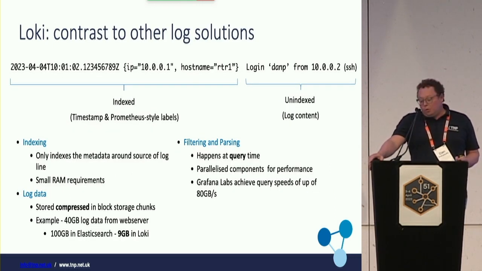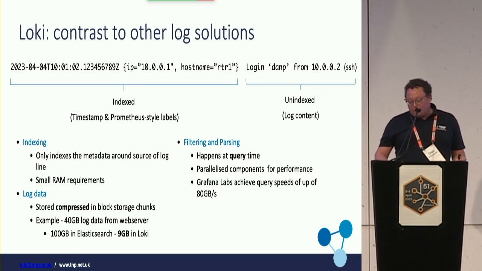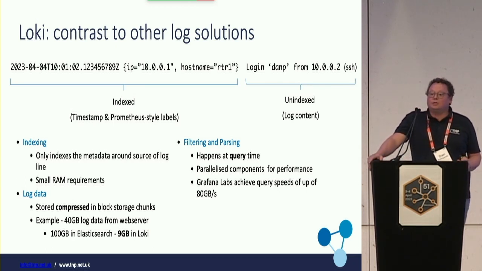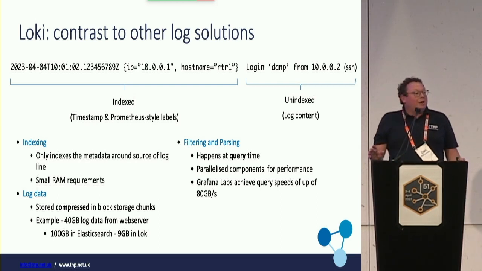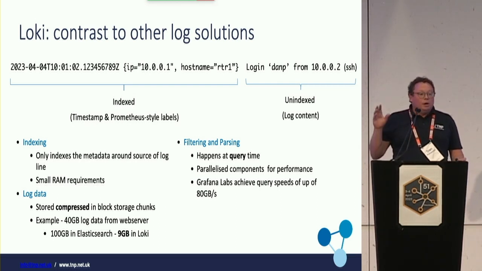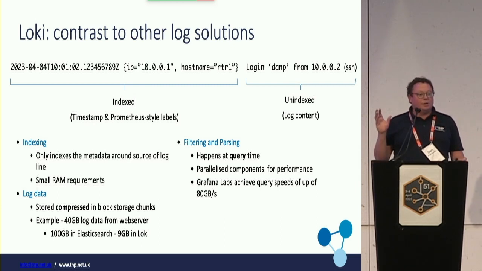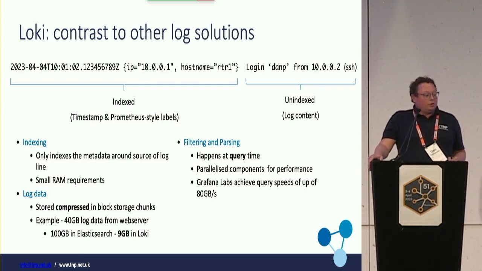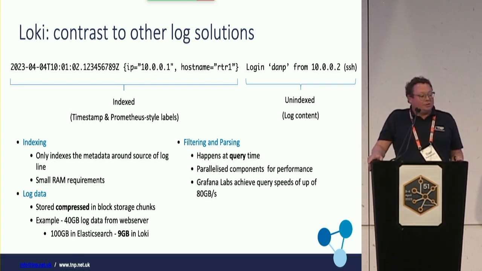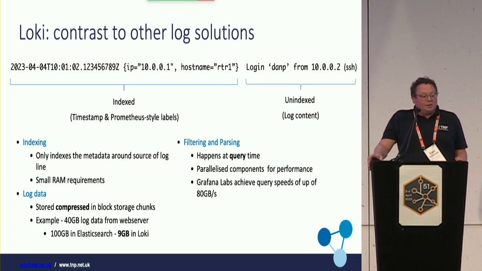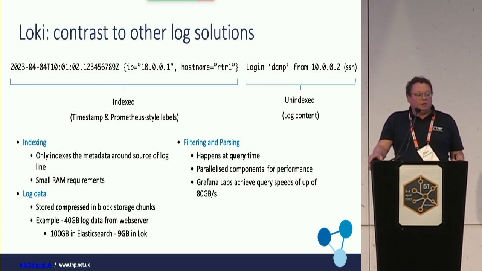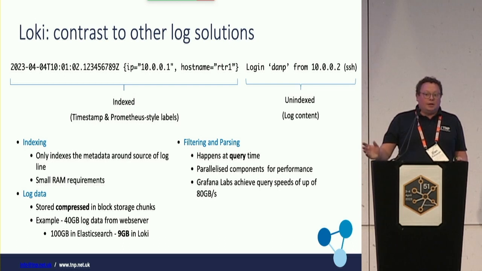So what sets Loki apart from the other logging solutions? The primary difference is that Loki only indexes on the metadata associated with the log line and the timestamp. In the example I tried to show on the slide, we've got the IP address and the host name and the timestamp.